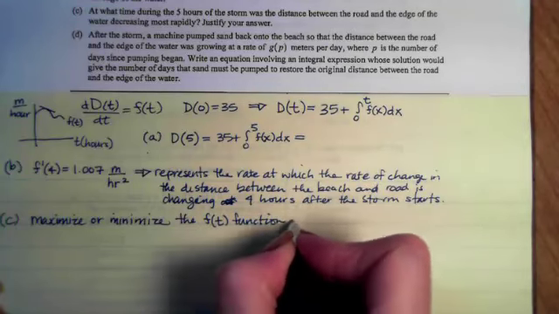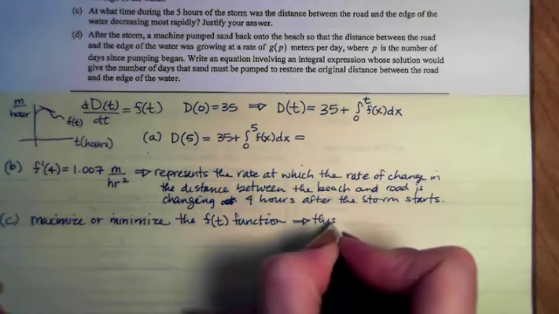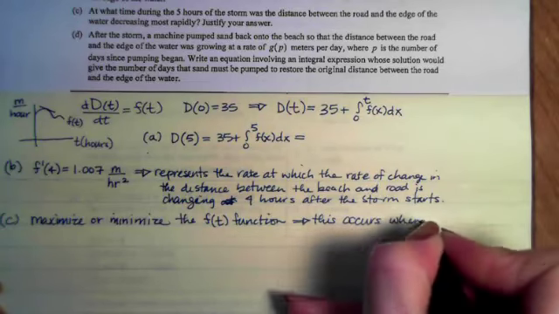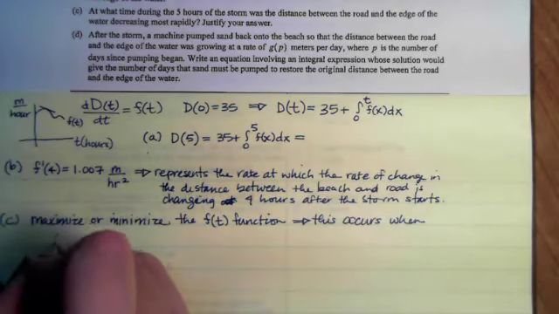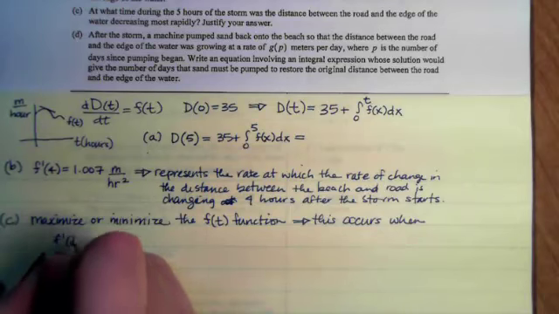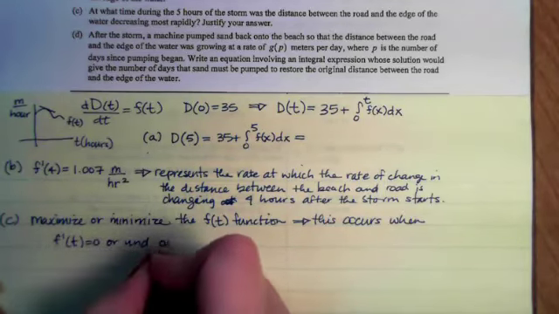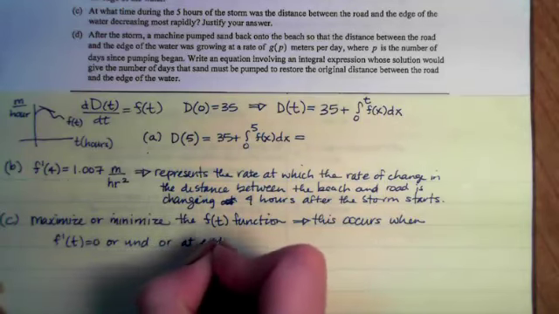So we know that happens at endpoints or at critical points. This occurs when f prime of t equals 0 or undefined, or at endpoints.